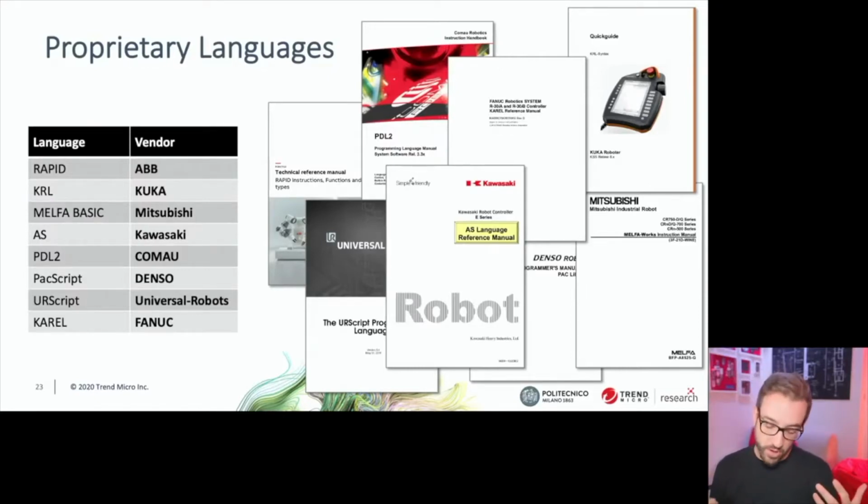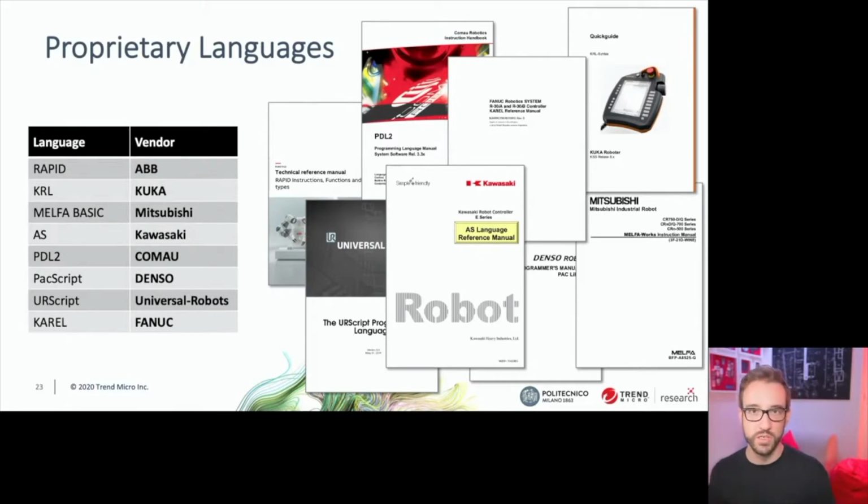I mean, there are systems that try to integrate and translate across languages, but natively, a program to automate ABB robots will never be able to run on KUKA or Comau robots. They're all different, both from a programming point of view as well as from a runtime point of view. Operating systems are different.